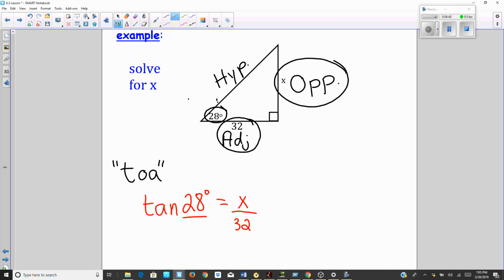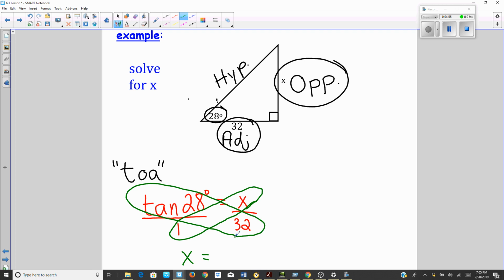I always like to put the tangent of 28 over 1. A couple different ways to do this, but basically we're cross multiplying, just like we did with special right triangles. So when we cross multiply that way, we get 1x. When we cross multiply this way, we get 32. And it's important, you do want to write the 32 first when you type this in the calculator.